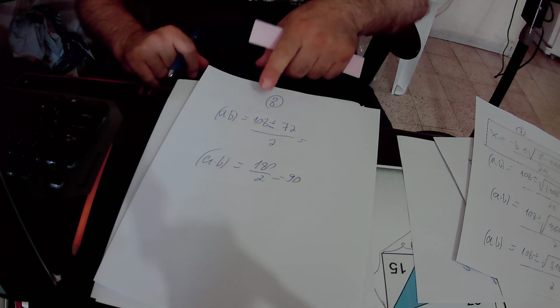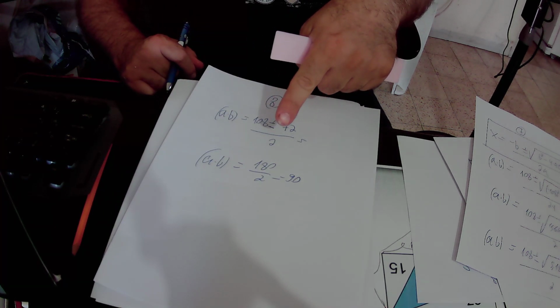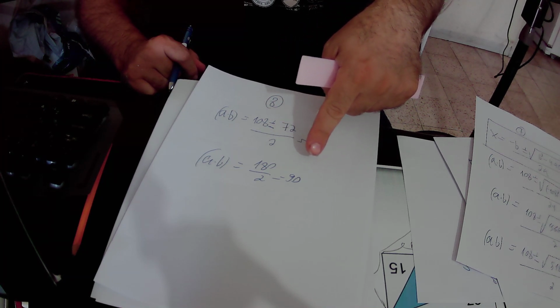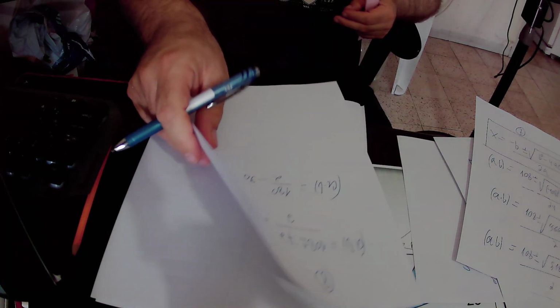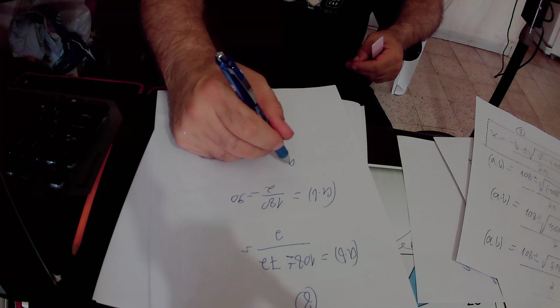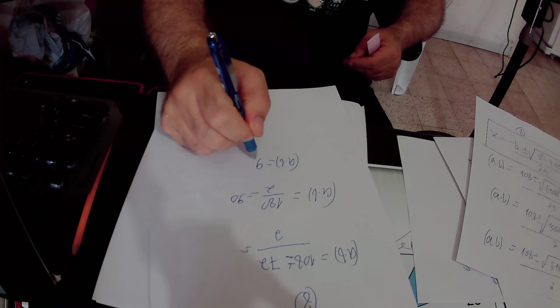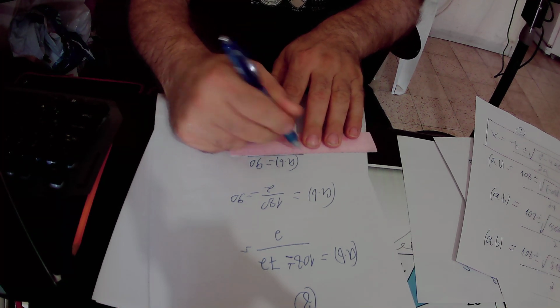So 108 plus 72 is 180, and 180 divided by 2 equals 90. So the first solution for AB is that A times B equals 90 units.